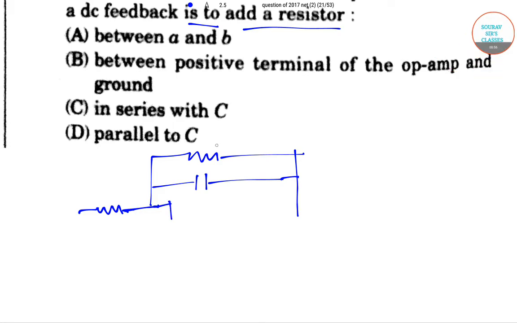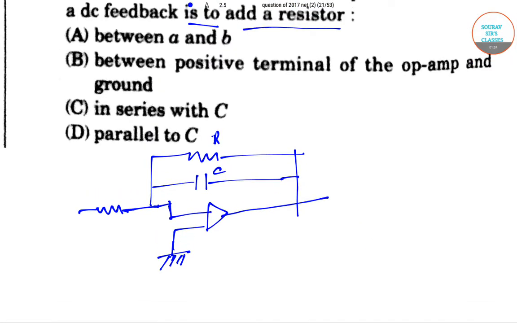Here this is R, this is C, and this is the op amp here, and this is grounded. And this is connected with this terminal. So here the circuit is virtually short.